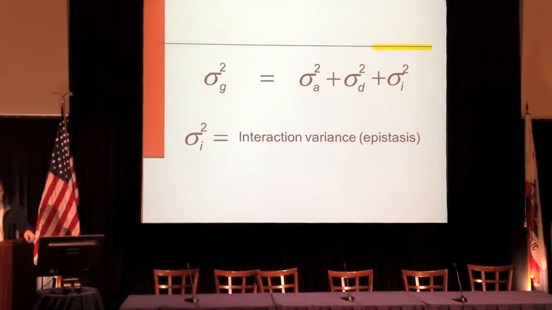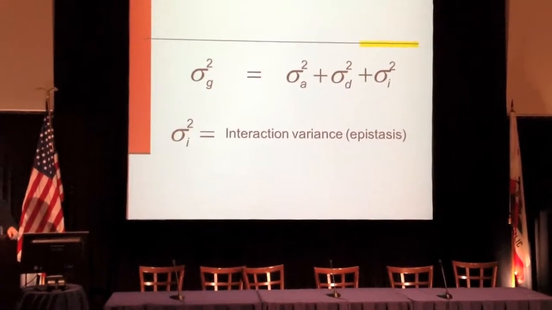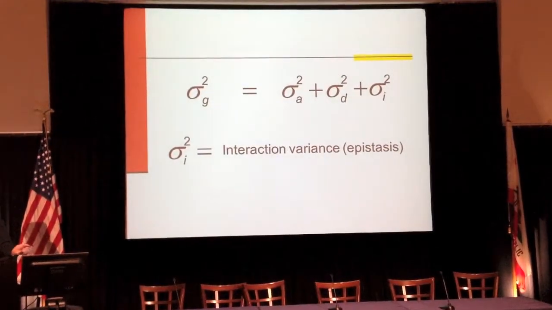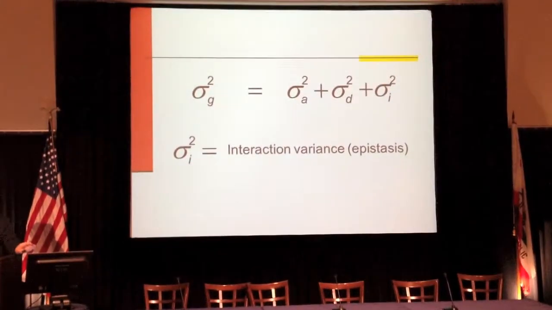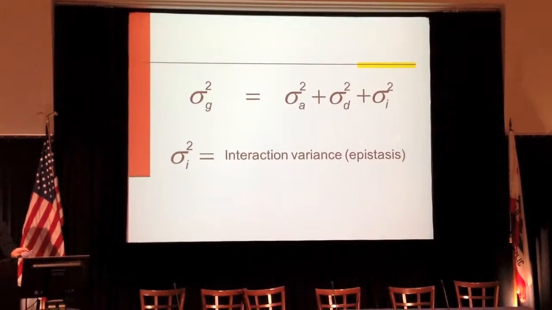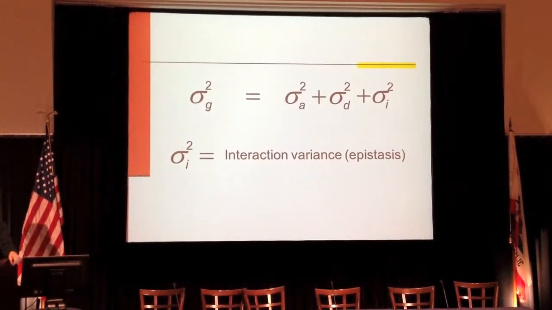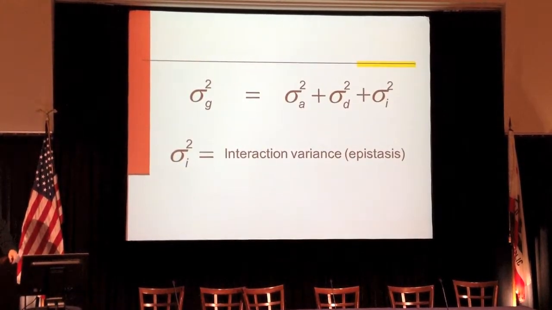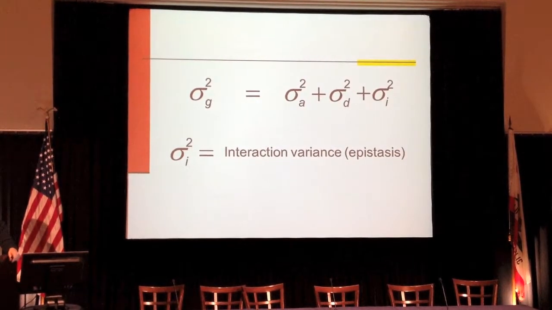In a more advanced analysis, you can actually have an epistatic term, and while it is important to model epistatic interaction, we don't typically do it in most of the analysis.